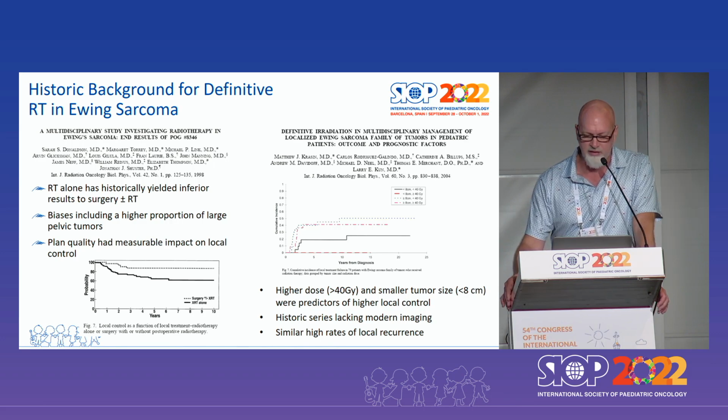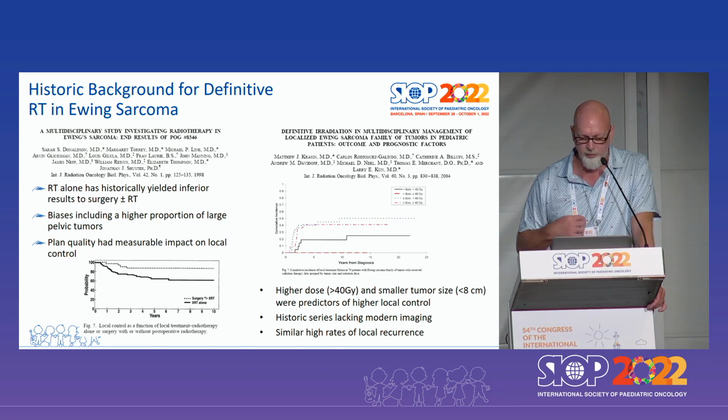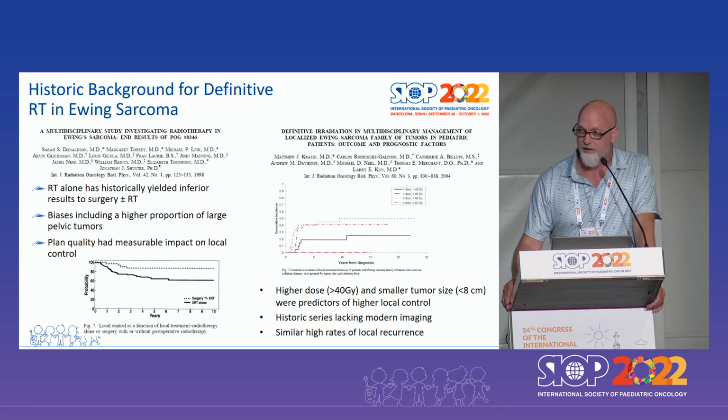But the other important caveat to this data is what was happening in the 80s and early 90s in the US, at least as far as radiation technology: there was very little 3D conformal therapy. Treatment planning was fairly AP/PA or wedged pair type orientations, and fields were drawn on X-ray images. So plan quality was identified as a significant prognostic factor in this trial, and that had an important note for trials going forward.